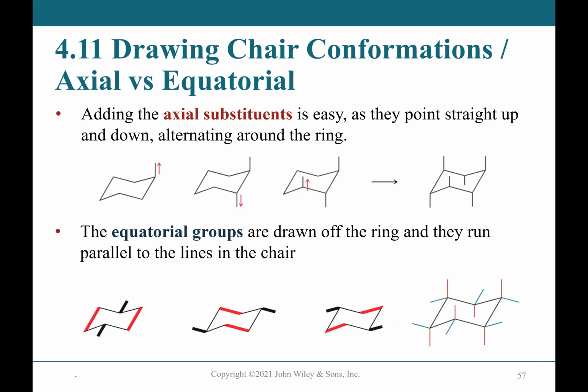And they're showing you how to put these designators in. And if you start on this side of the chair, if you start up, the next one will be down, then up. It just alternates up and down. And you can see these are angled right here obtusely. And then you just continue the pattern around the cyclohexane ring.